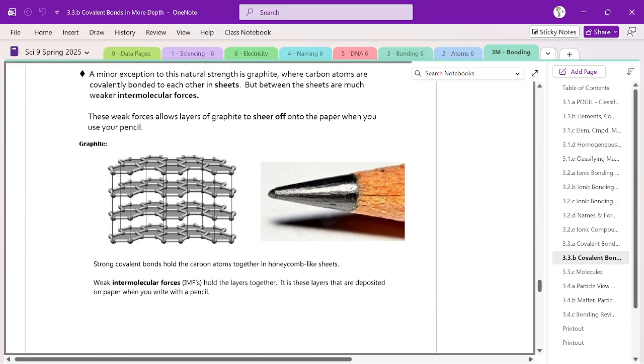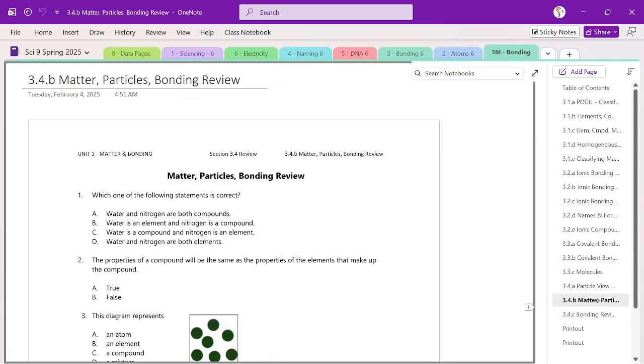So if you don't want to learn enriched stuff for 3 pages, you could do some of the weekend's homework, which is going to be 3.4b, a review of matter and particles and bonding. So 3.4b, if you don't want to do the enriched stuff.